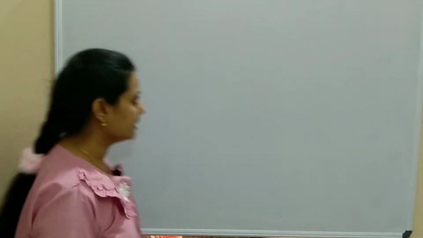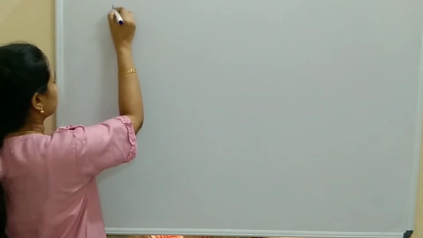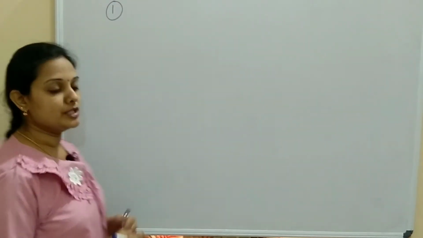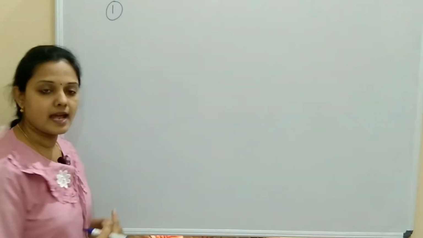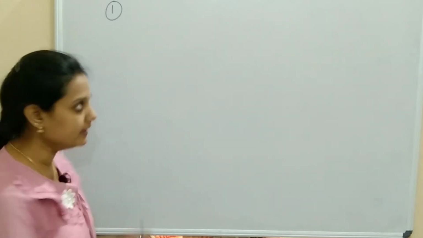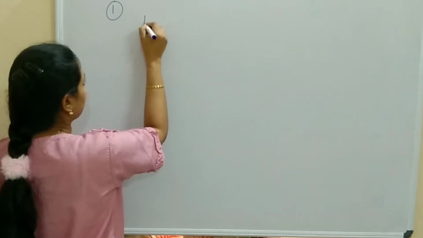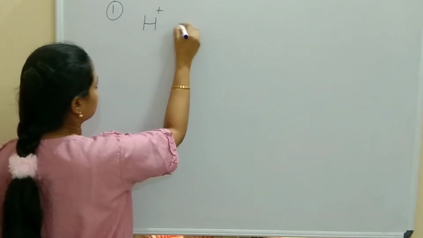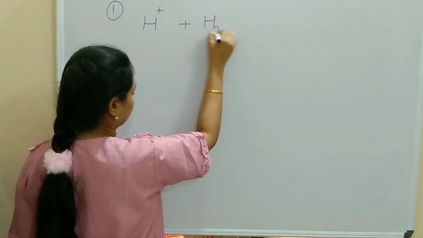So we have here the mechanism of the previous reactions. We'll check that. So the first step is formation of the hydronium ion. Okay. As I told you, it is an acid catalyzed reaction if it is the direct way of adding. So acid, H plus, and water.